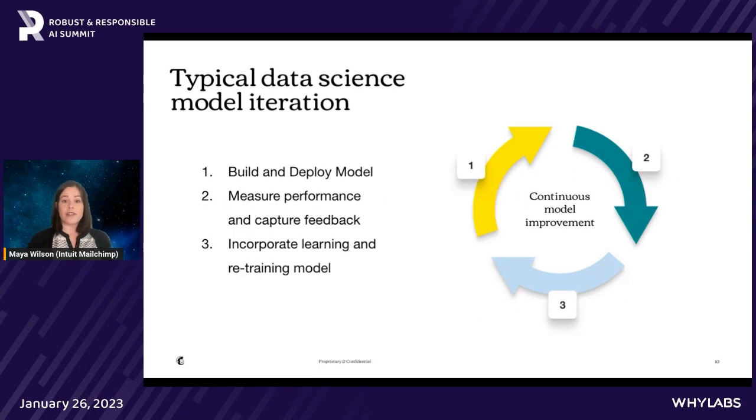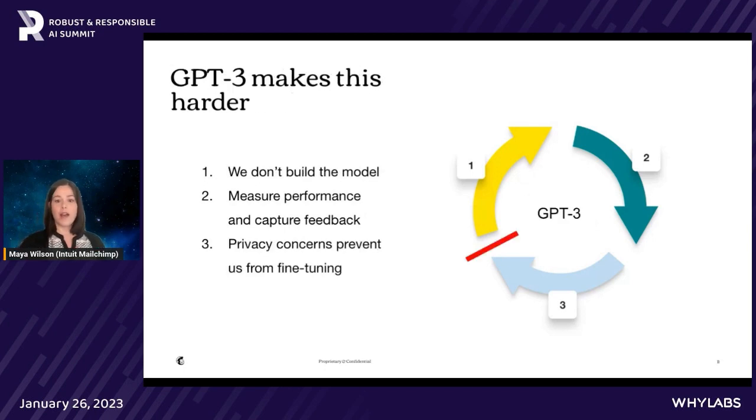So what do we do with this feedback? As many of you know, the typical data science model improvement cycle involves building and deploying models, measuring performance, and then capturing that feedback. We want to incorporate that learning in a continuous feedback loop to continue improving the models over time. Well, GPT-3 has made this a bit harder. For one, we don't build the model.